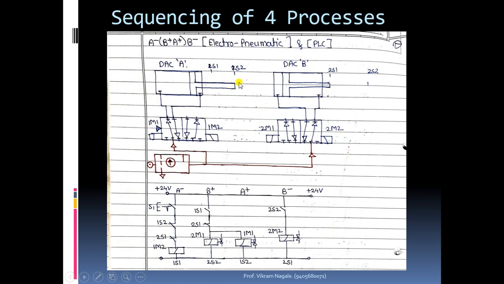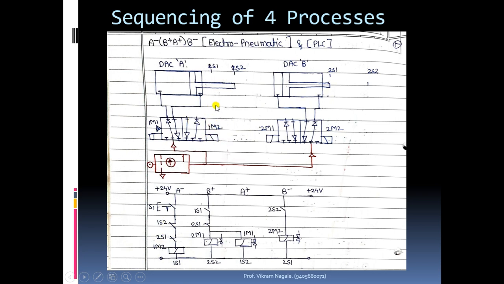Since we have used this 1:2 limit switch in order to activate this 1 into coil, whenever the rod end is leaving this 1:2 position, this 1:2 limit switch will get opened, and as it is getting opened, there won't be supply to this 1 into coil, means this 1 into coil will get de-energized.